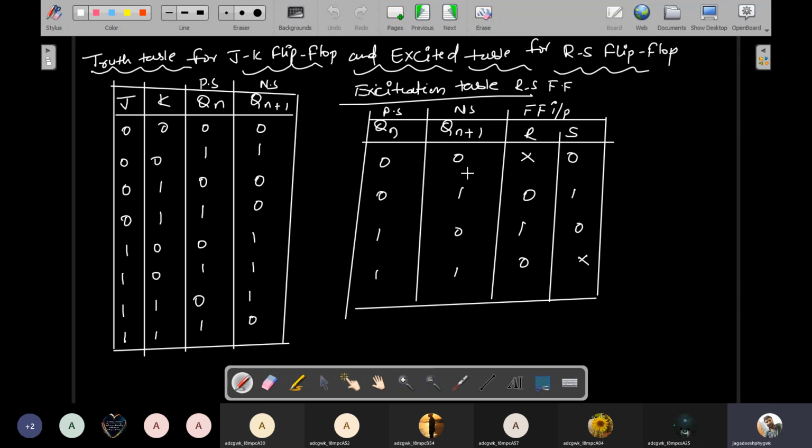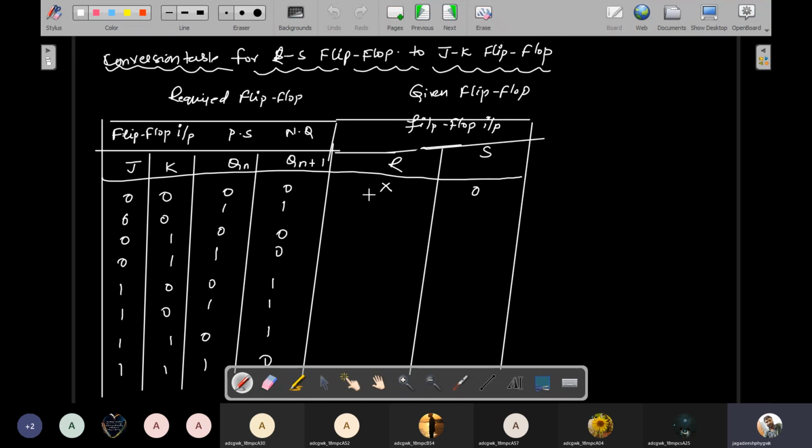For the past output 0 and present output 1, R will be 0 and S will be 1. Understand everybody? Here Qn is 0 and Qn plus 1 is 0. So that means past output as well as present output are both 0. Then R is don't care and S is 0.